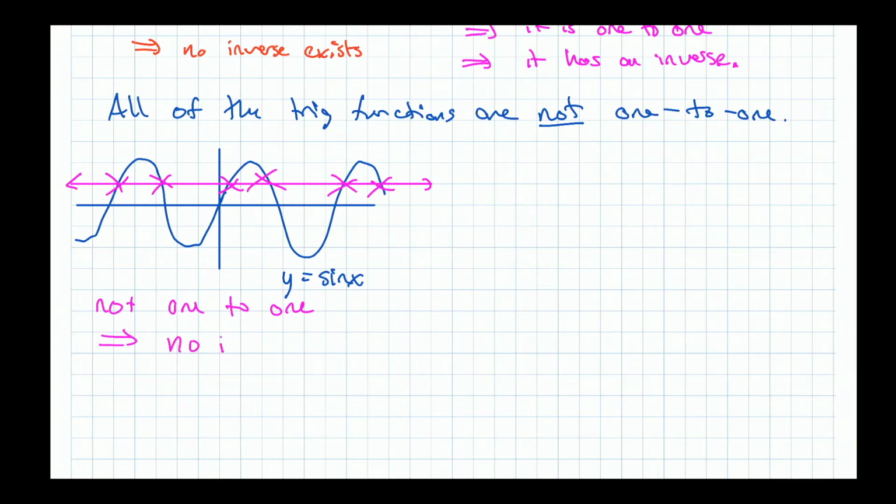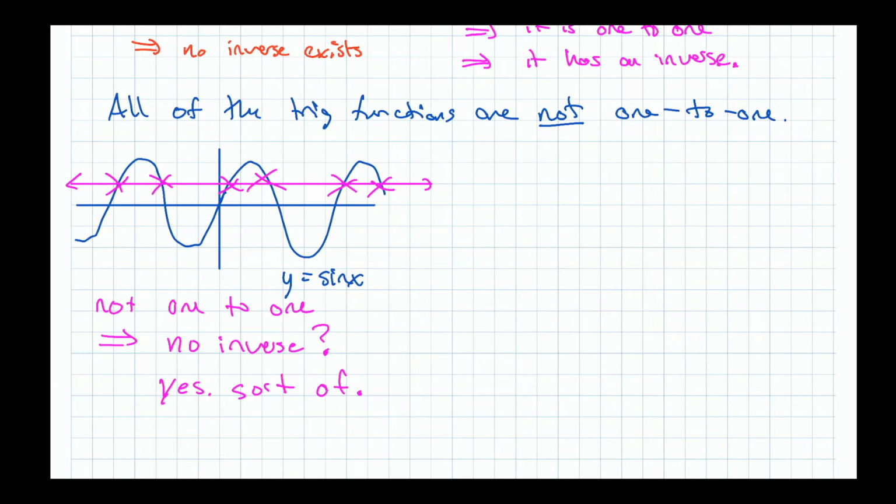So that means it has no inverse? Technically, yes. Sort of. Okay, so all of the trig functions are not one-to-one. Or rather, I could say none of the trig functions are one-to-one, because they all have that same issue, right?